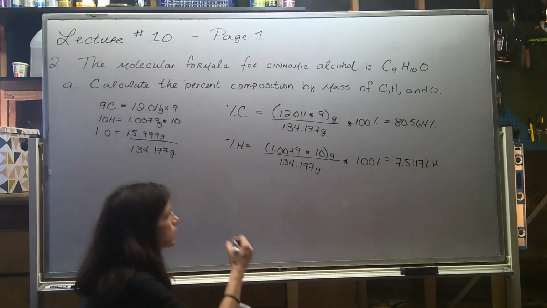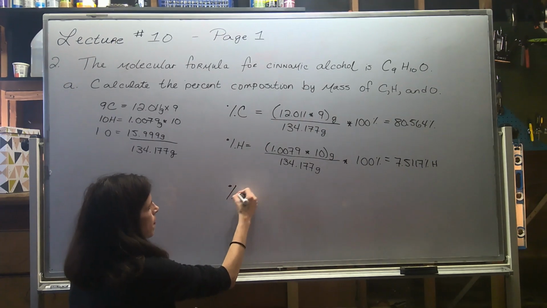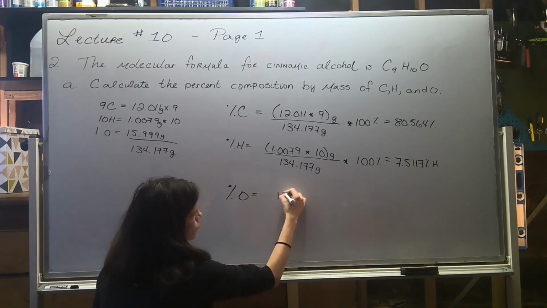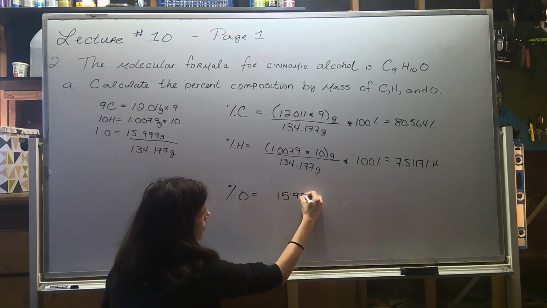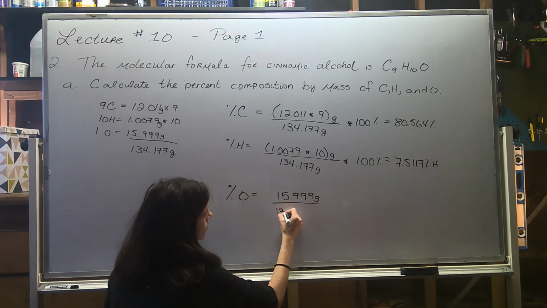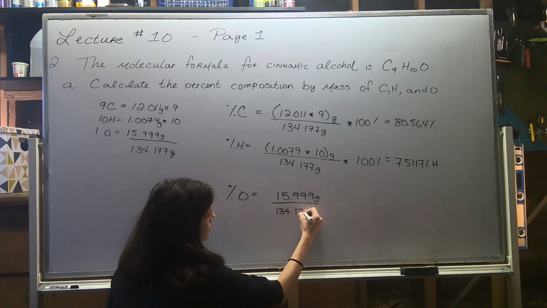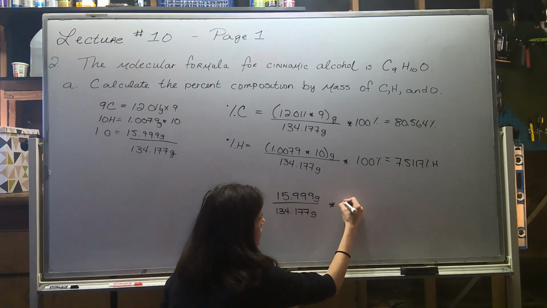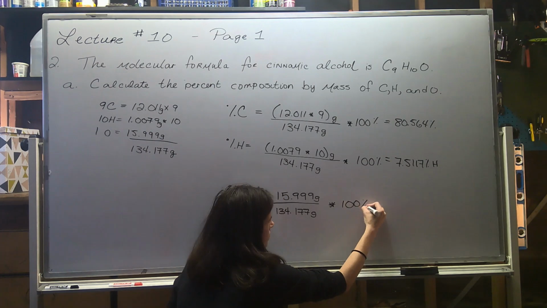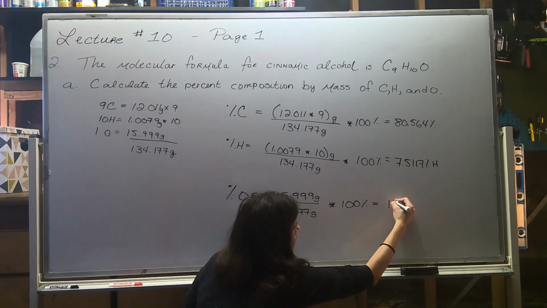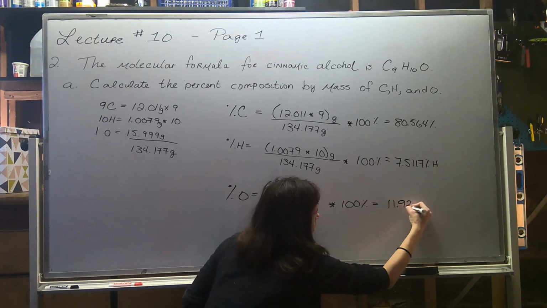The last one is going to be our oxygen. So there's just one oxygen, so I can just do 15.999 grams divided by our molar mass. And we'll multiply by 100. Get 11.924% oxygen.